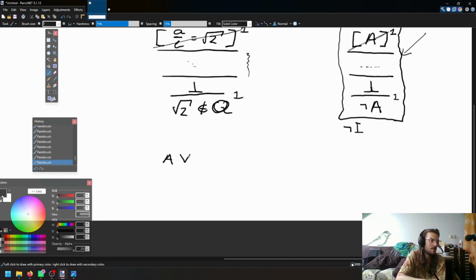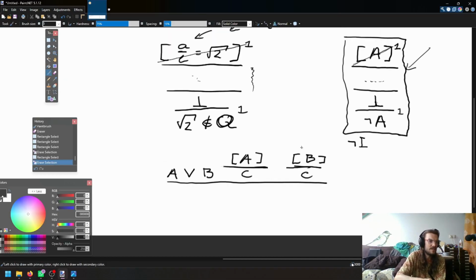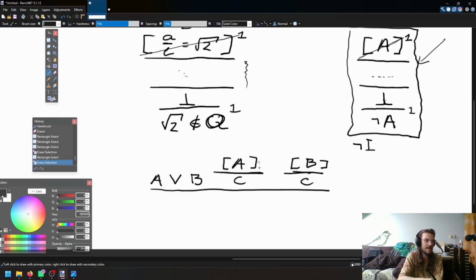If you know A or B is true, and you assume A and you derive C, you assume B and you derive C. These are two different proof trees, but both A and B, when you assume them, derive C, and you know that either A or B is true, then C is true, and you can eliminate both the assumptions A and B.